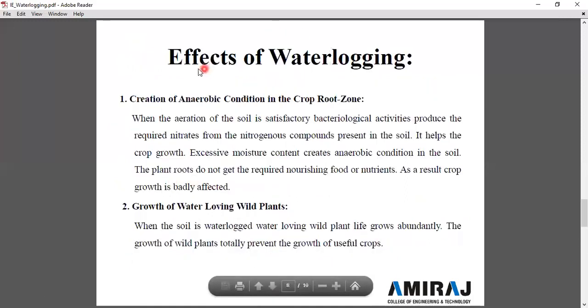So there are different types of effects, but the main effect of waterlogging is that it reduces the crop yield and the crop growth. So using a proper irrigation methodology helps to minimize the effect of waterlogging in that particular area, and proper cultivation of the land is also needed.